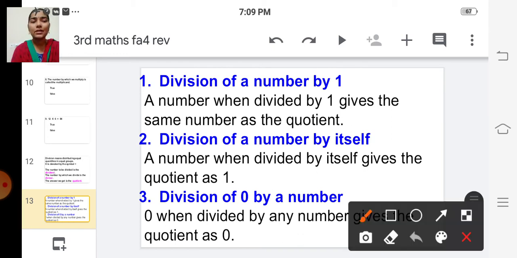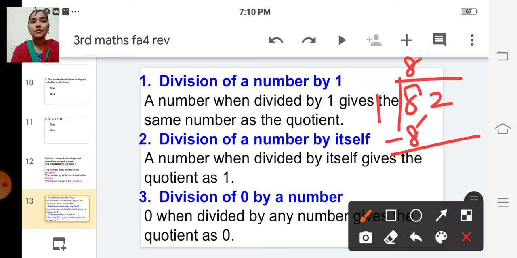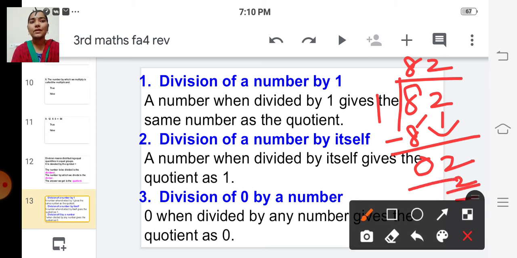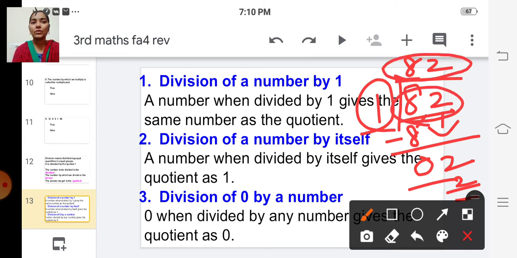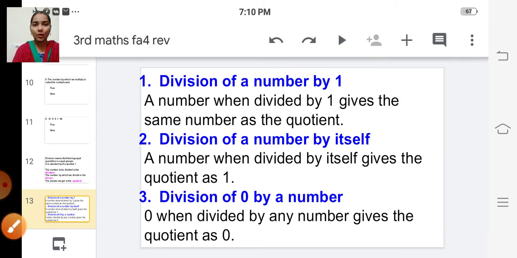For example, if we divide 82 by 1, then what we will get? 8 ones are 8, subtract to get 0, bring down the 2, and 2 ones are 2. So if we divide any number by 1, it gives the same number as the quotient. This is the first property.